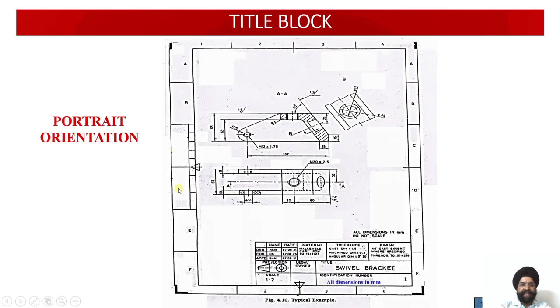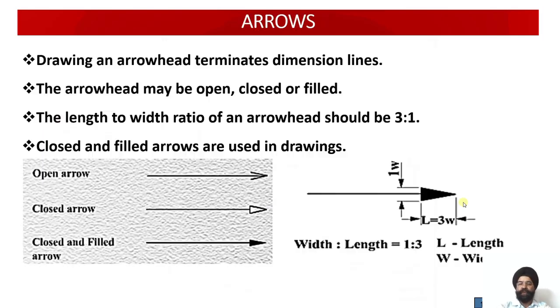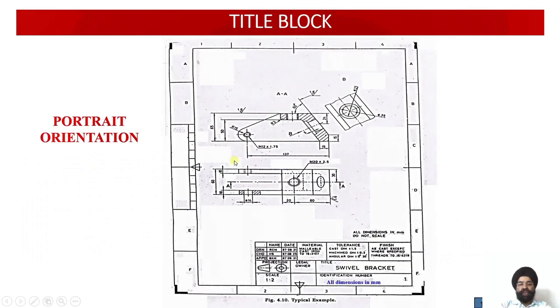And these markings, 1 2 3 4 5 and A B C D E, are the folding points. I'll show you in a while how the drawing sheets will be folded so that they can be secured and kept safely for longer durations in files or folders, for the purpose of record keeping.